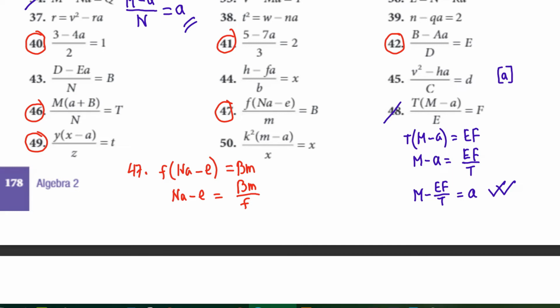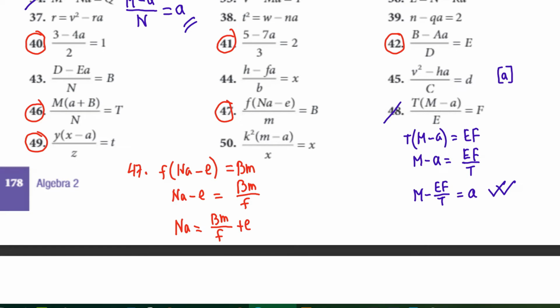Then make Na the subject, so it would be Bm by F, then plus E from here.